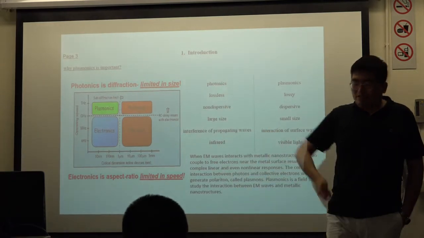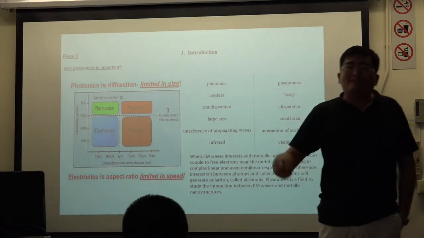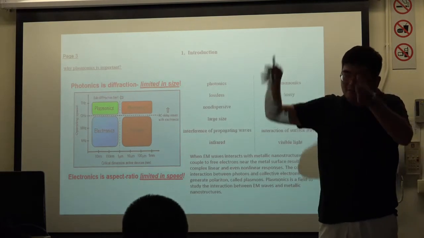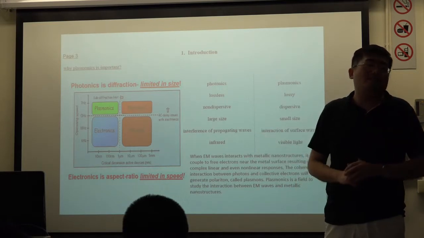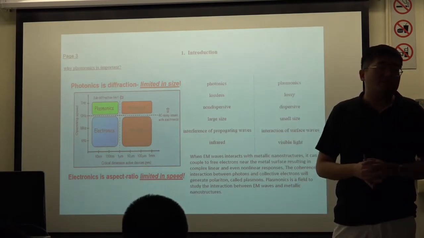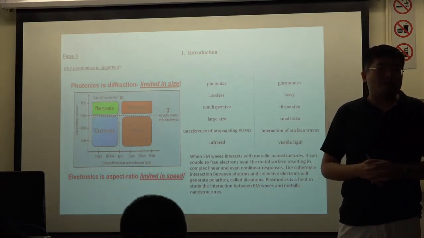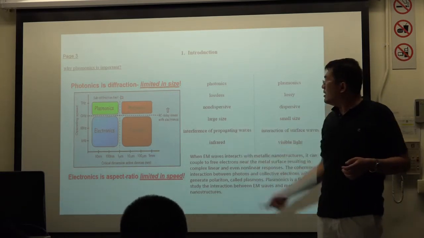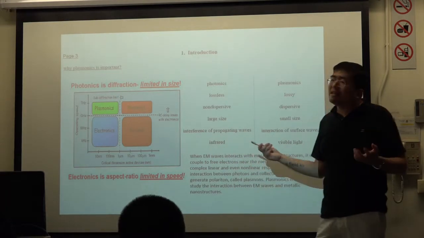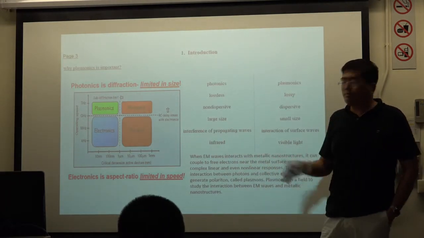It is non-dispersive: at the frequency of interest, we can assume the permittivity is constant. This is simpler. Another feature is large size, because of the hardware limit. You have no choice.